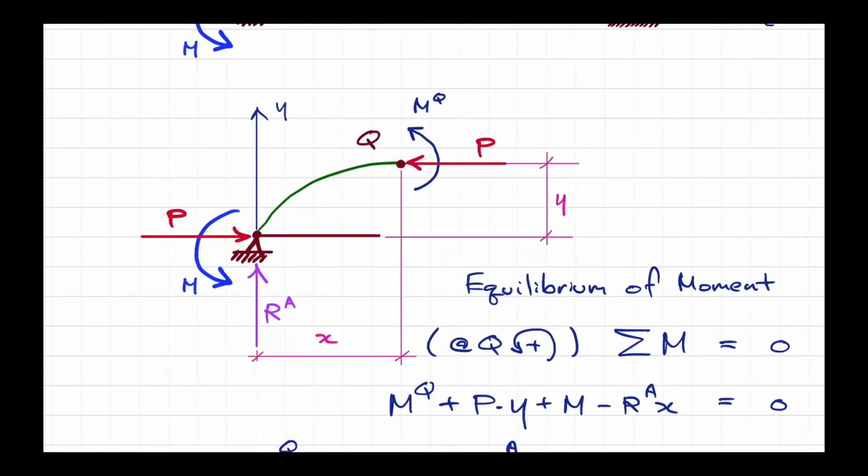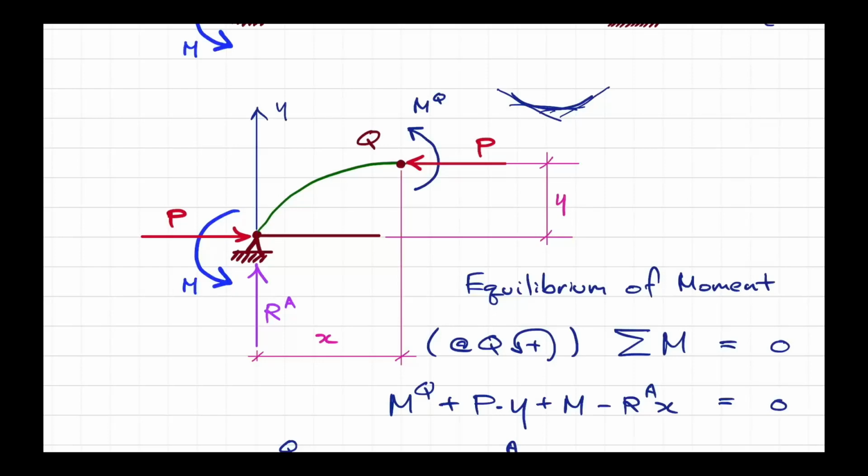This moment MQ is going to cause the curvature like this, right? It is a result from this curvature, and this curvature is a positive curvature. Why is it positive? Well, this is a tangent slope, so start with low negative slope, zero slope, and positive slope, right?